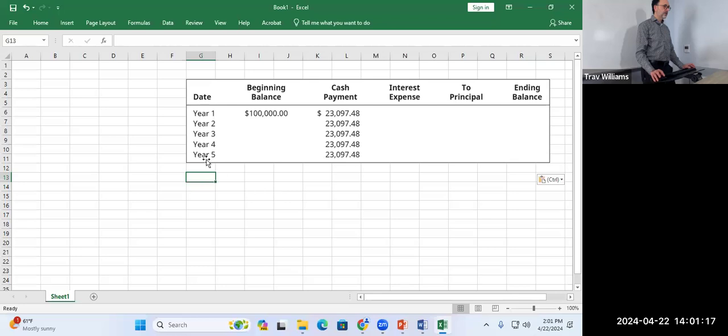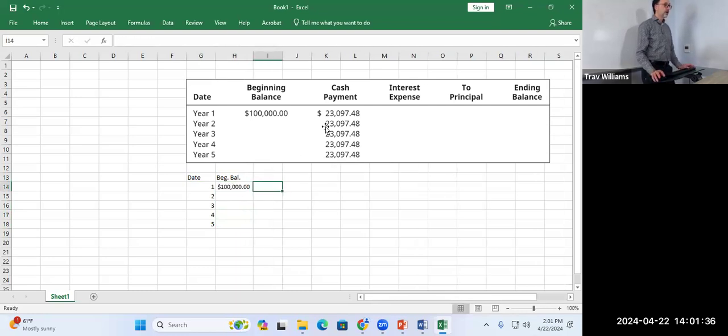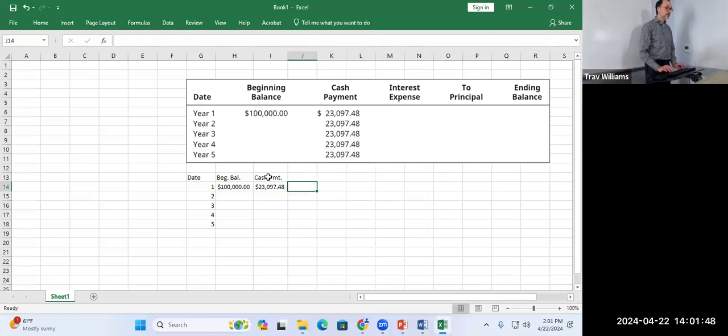So this will be the date column here. We've got years 1, 2, 3, 4, 5. We have the beginning balance of 100,000. We have the cash payment, which would be our annual payment, 23,097.48. Interest expense.